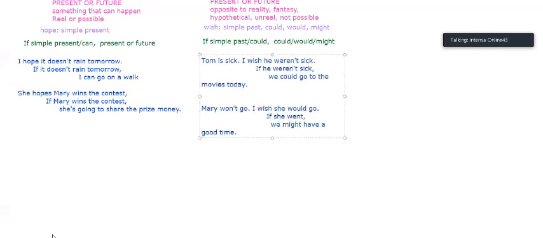So here, I have to pay attention because I cannot have would in here. I can have could, but not would. So another example. Jack can't go.